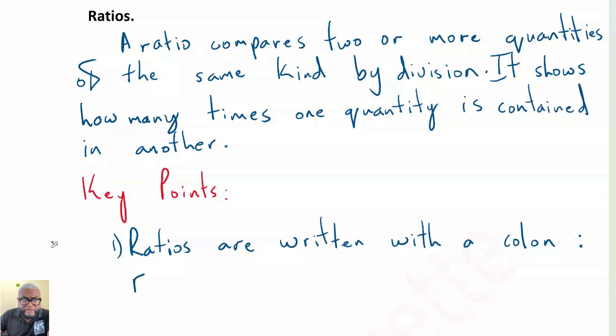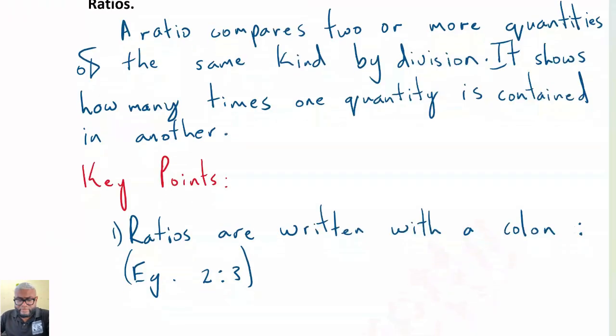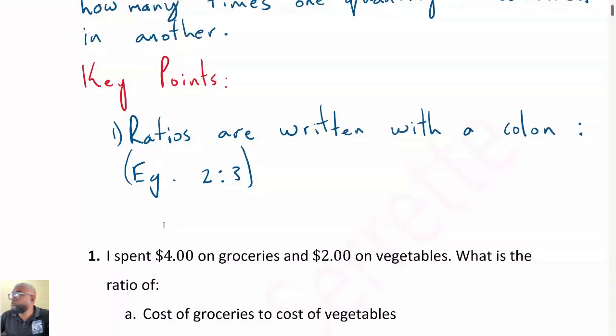So example, 2 to 3, right? So that's one key point.